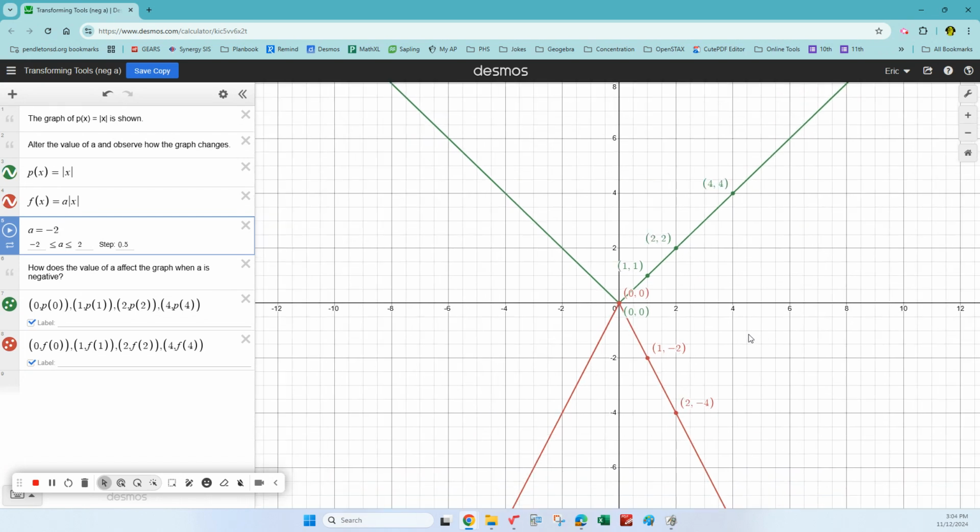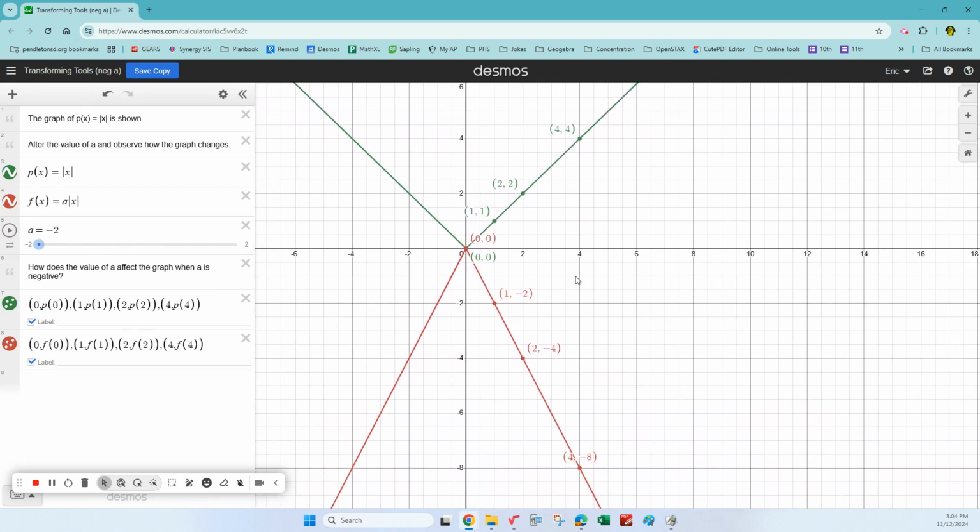Okay, and look, we can see that, right? Now, look at those numbers. And we can think about it the same way. If the ant starts at the vertex and wants to go to that point up there, let's say, he'd go right 4 and up 4. Now he's going to go right 4 and he's going to go up 4 times a, which is -2. So he's going to go right 4 and up -8.